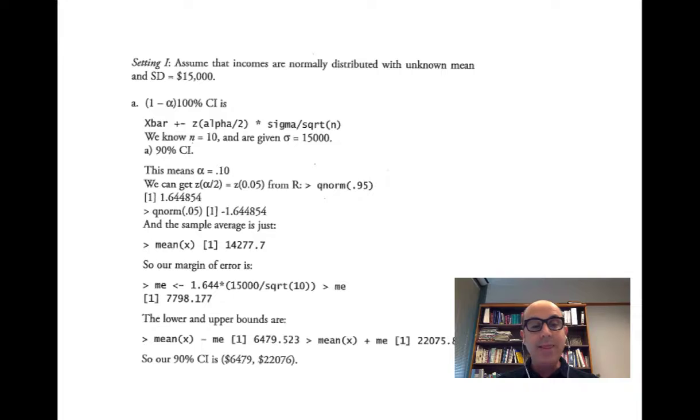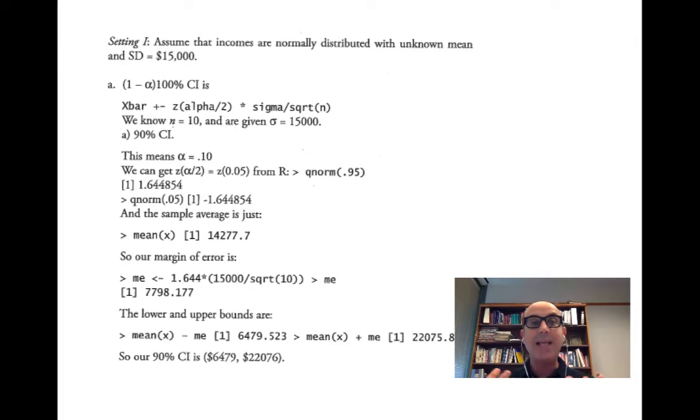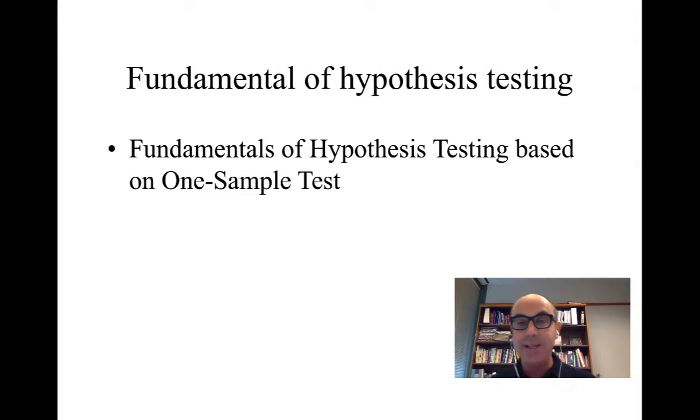We are 95% and 90% confident that the salary will be between 6,479 and 22,076 dollars. This is how I did it in R, and I hope that makes sense. I want you to practice that, and I want you to be confident.